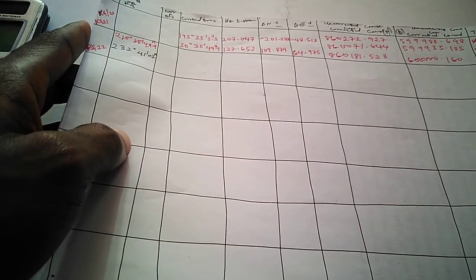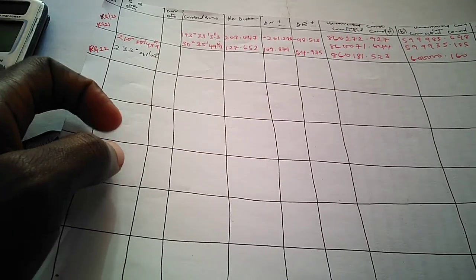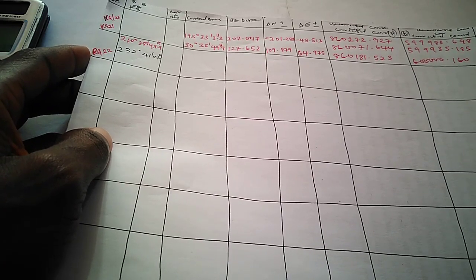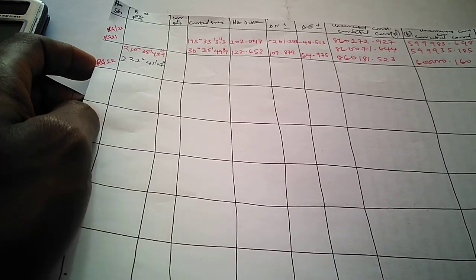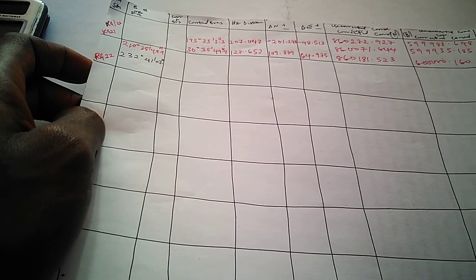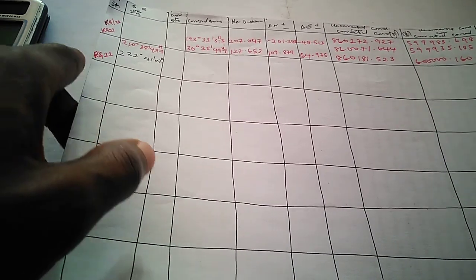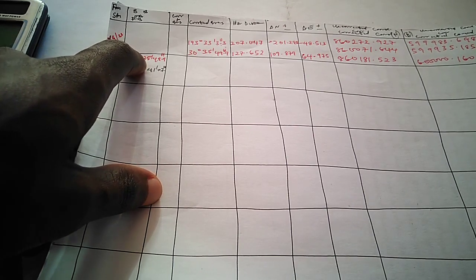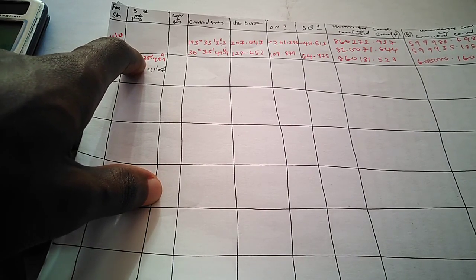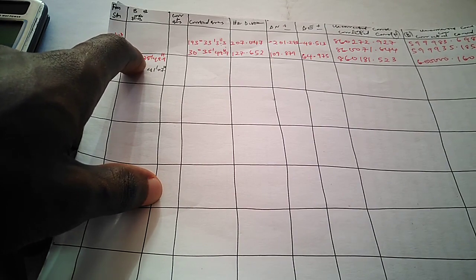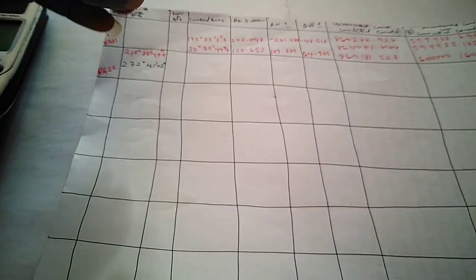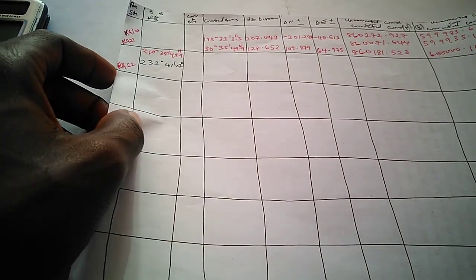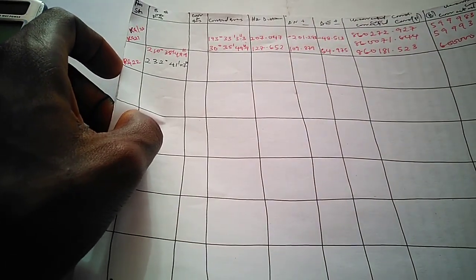Thanks for coming around. Today we want to continue on our traverse computation, and on our previous video we got to understand how we are going to calculate or compute for our back bearing. Today we are going to continue with the computation process, and on the computation process we are going to consider forward computation.